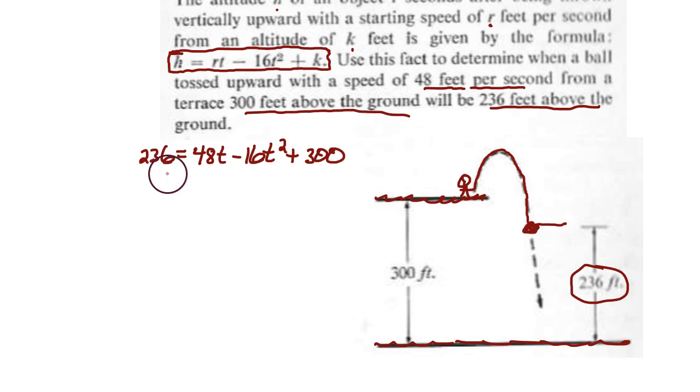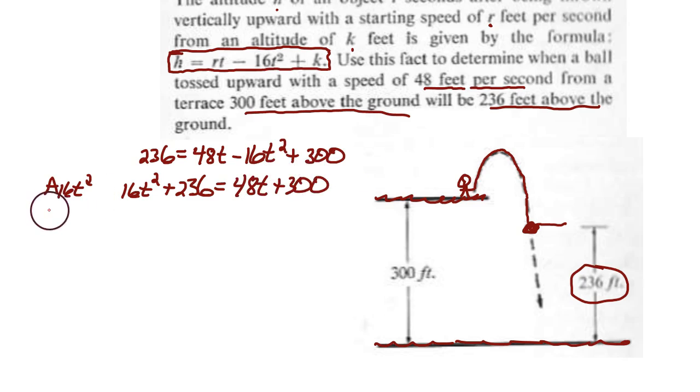Here is an equation with the variable t. We can solve this equation with the process we're practicing today. Let's get a polynomial on the left side and 0 on the right side. So first step, add the 16t squared. Now we have 16t squared plus 236 equals 48t plus 300. Next step, subtract the 48t.